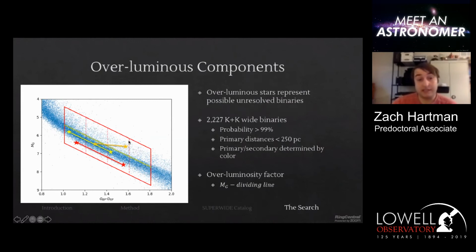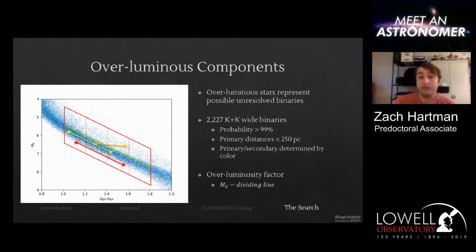I have 3 examples that I'm going to go through. One of them is this yellow line right here. This represents a not high metallicity, but not low metallicity pair. The over-luminosity factor is whatever this absolute magnitude is minus the dividing line. If you have a positive over-luminosity factor, then you will not be considered over-luminous.